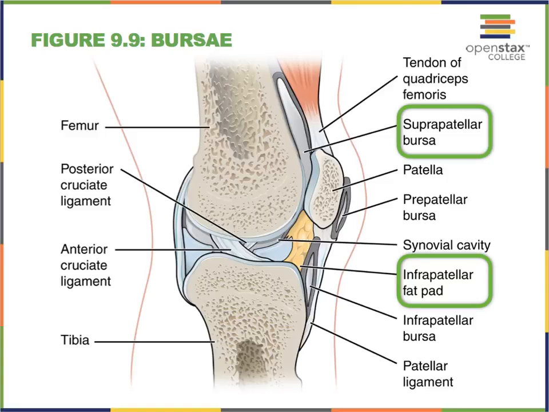So the structure that interconnects the quadriceps femoris with the patella is referred to as the quadriceps femoris tendon. So that's the structure right here, right? The structure right here is the tendon of the quadriceps femoris muscle. But then, as I said, it continues and grabs onto here from the patella to the tibia.